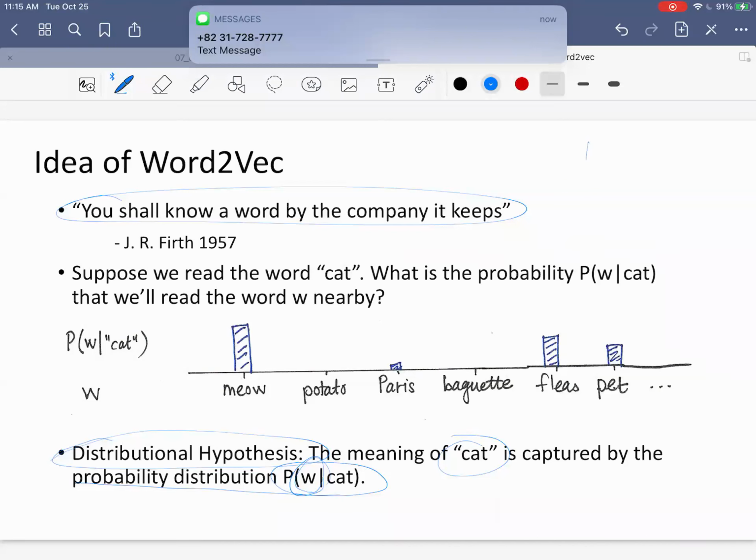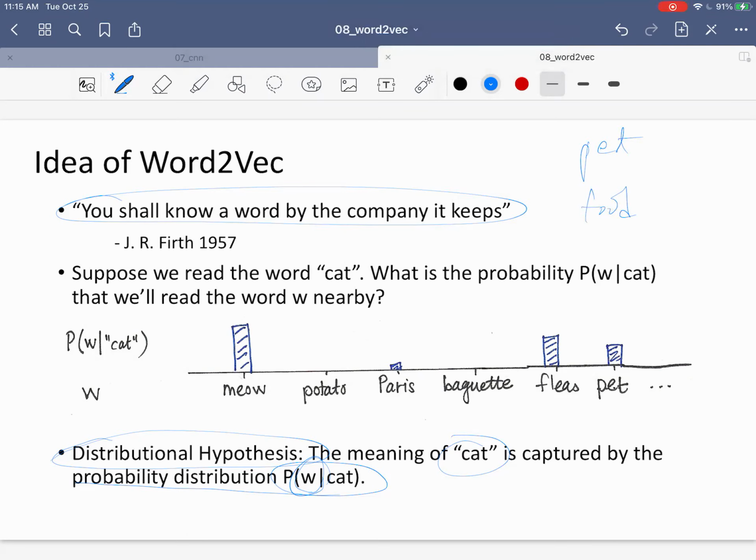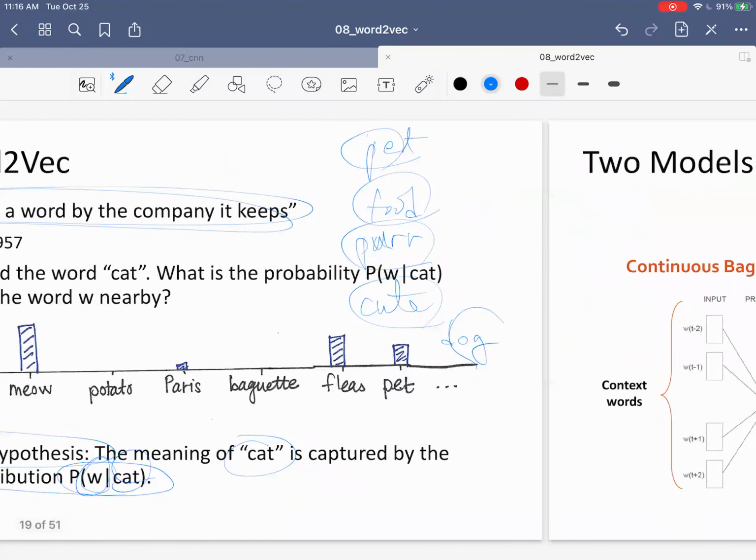Pet, or food, or purr, or cute, or dog. These are the words that typically co-occur with cat, right? So the meaning of cat should be somewhat relevant to the meaning of pet, food, purr, cute, and dog. That is the basic philosophy right here.